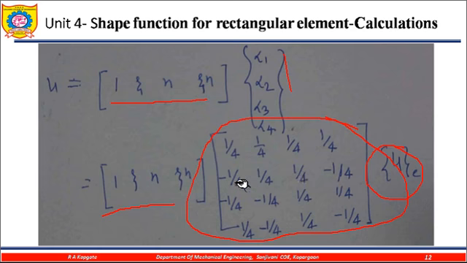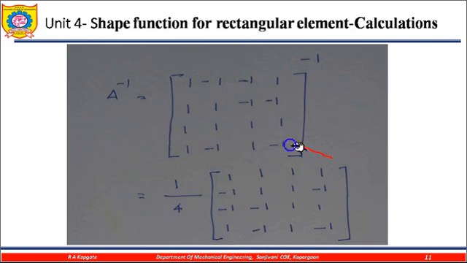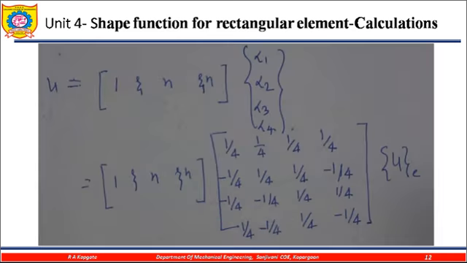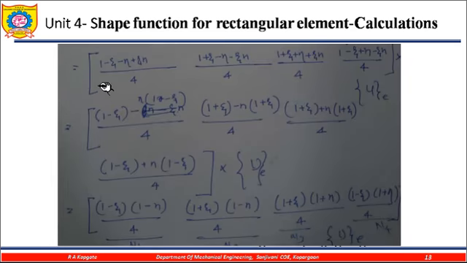The values of this are from this matrix. So by solving this, I get this term, this term, this term, and this term.